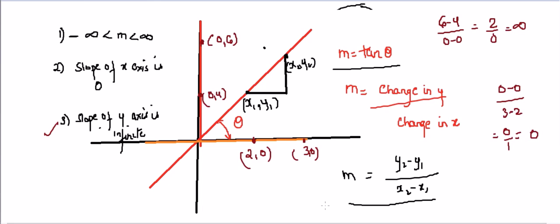Now the third point, actually the fourth point: the slope of a line is positive or negative if it makes an acute or obtuse angle respectively with the x-axis. The slope of a line is positive if it makes an acute angle.